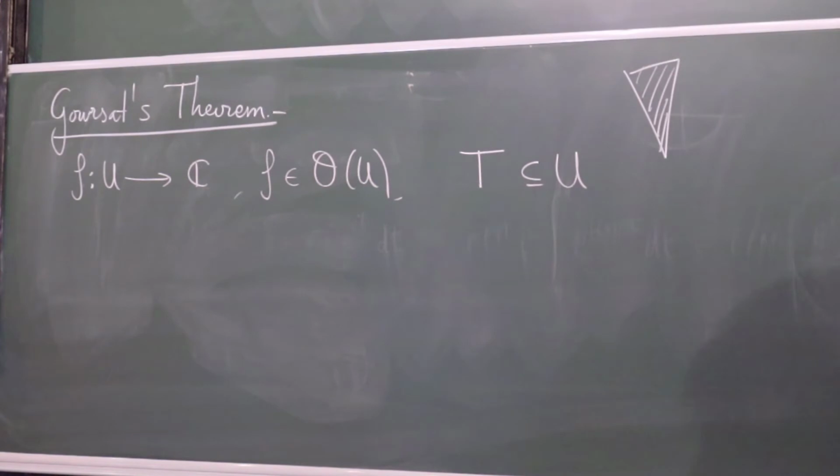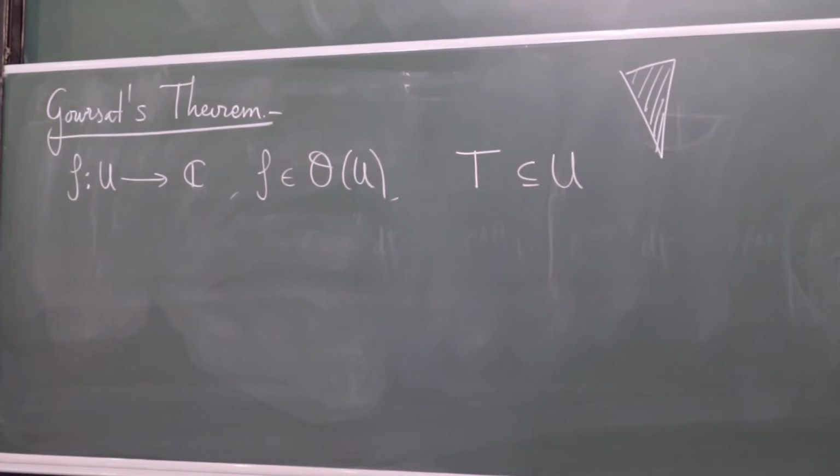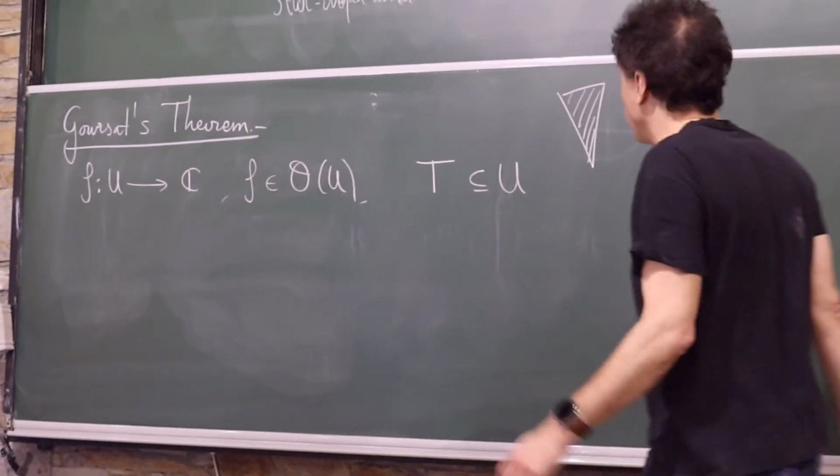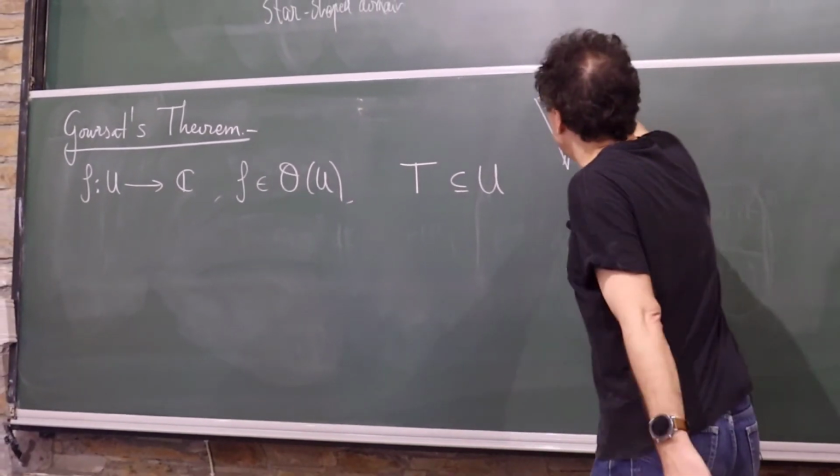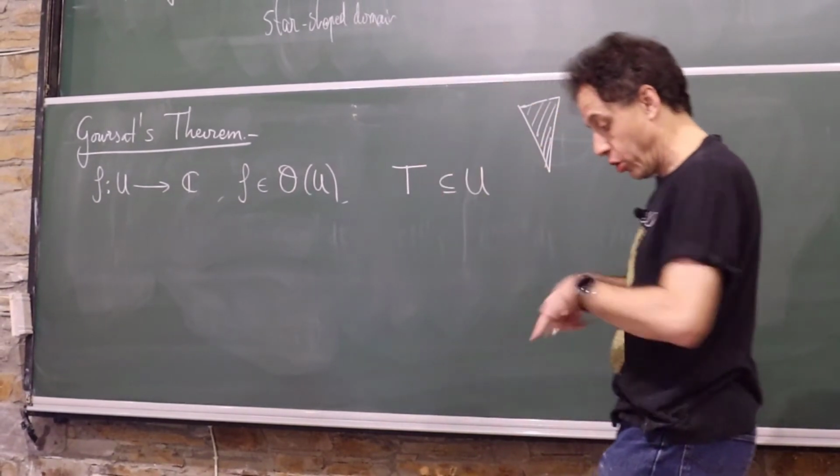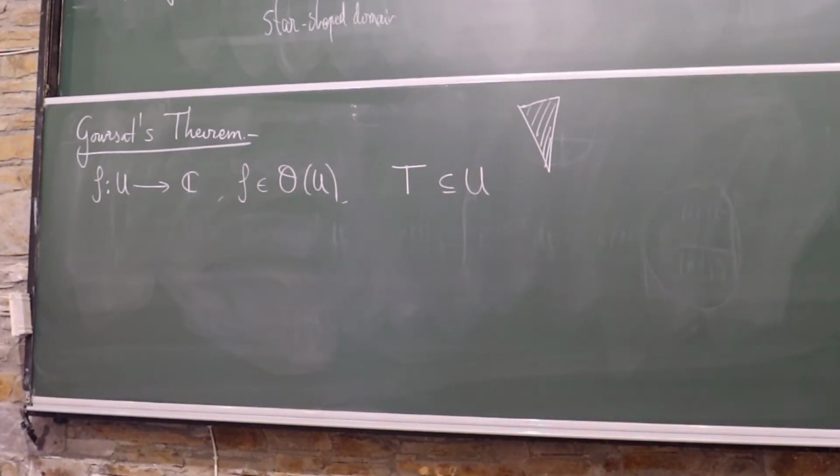All the whole triangle is contained, not only the three lines, but the interior of the triangle is also completely contained in U. This is a compact set. I include the borders. So this is a compact set completely contained in U.